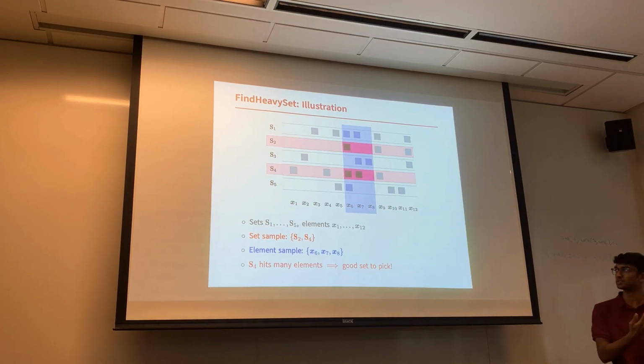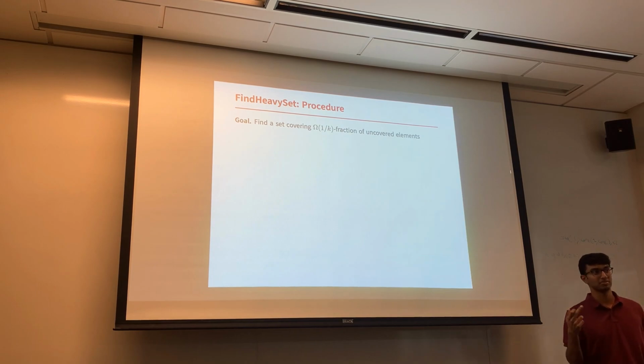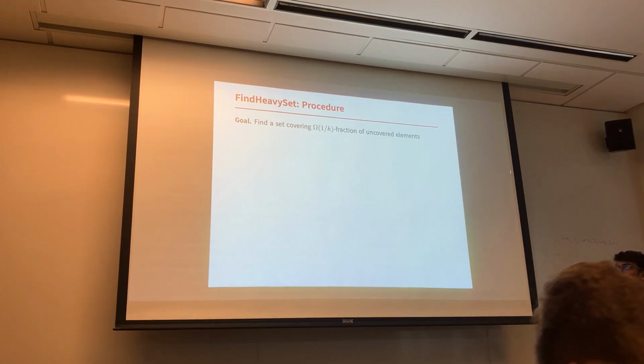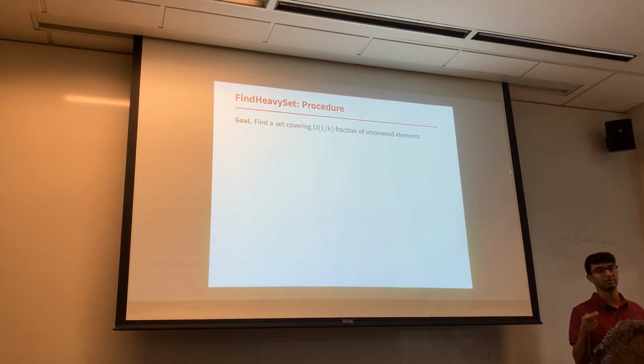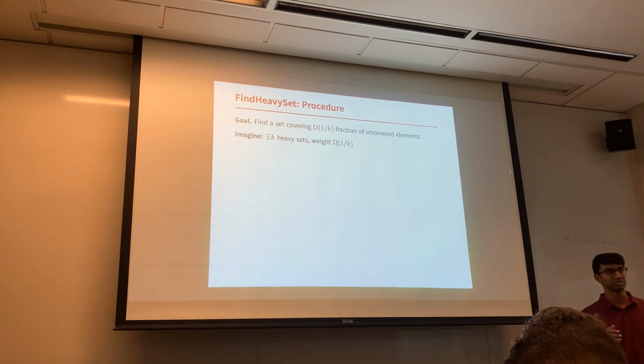Let me formalize this intuition a little bit. The goal for an O of log n approximation is to find at every step a set that covers omega 1 over k fraction of remaining elements. Now, imagine a universe where the optimal set cover is relatively balanced.